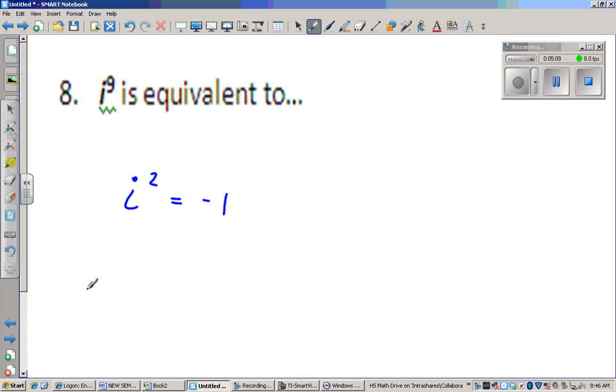i to the 9th, therefore, is kind of like, if this is 9 i's all multiplied by each other, if we did the most work possible for this question, meaning no shortcuts, that would be this. A whole bunch of i's multiplied by each other.